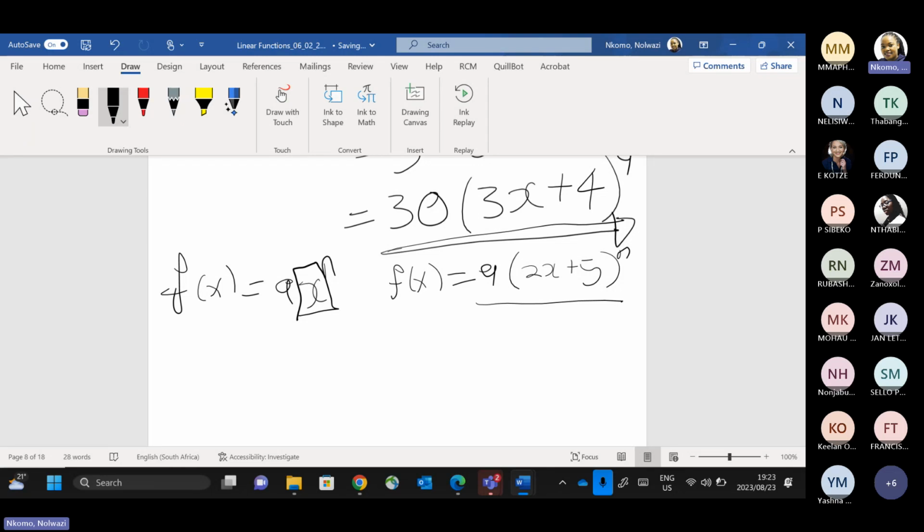But that chain rule will need you to add the power rule, because you see, this function is in this form. It's just that here where there is x, we are given a function.